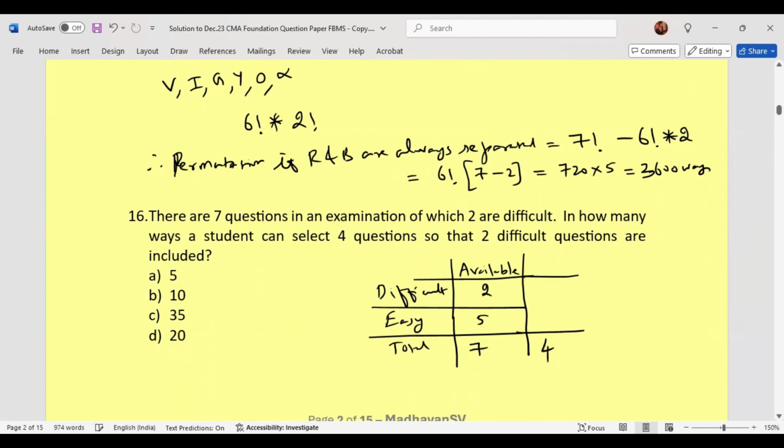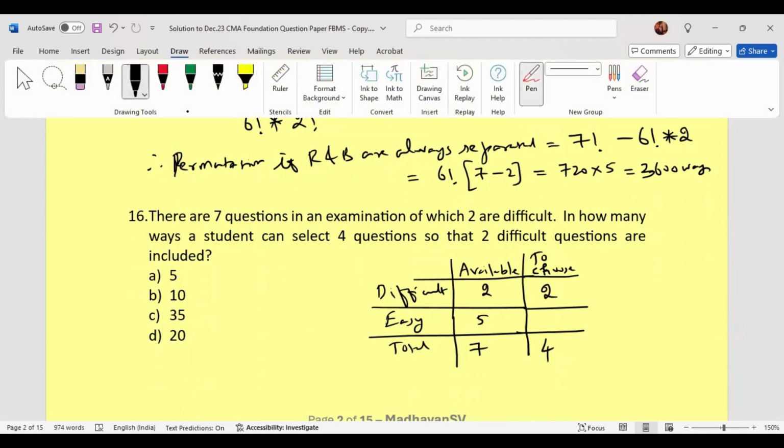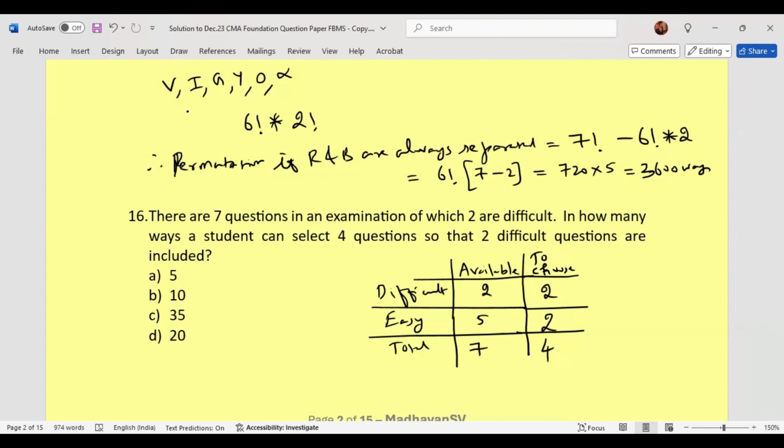So here, we choose 4 questions so that 2 difficult questions are included. So these 2 have to come. That means 2 here. So the number of ways is equal to, we will be choosing 2 difficult questions out of 2 difficult questions in 2C2 ways, and we need to choose 2 easy questions out of 5 easy questions in 5C2 ways.